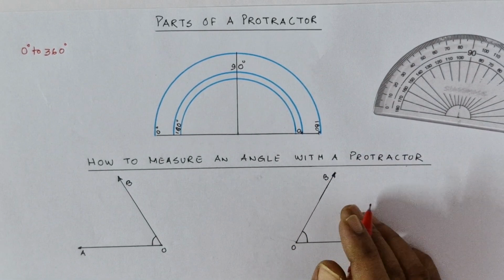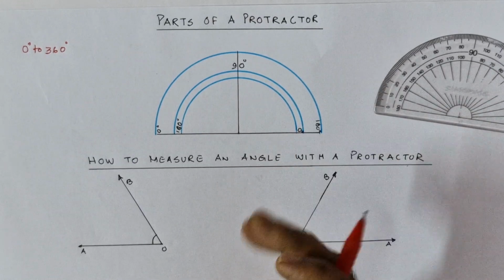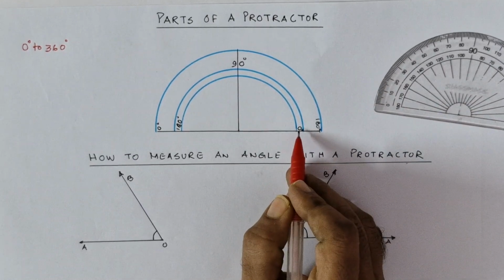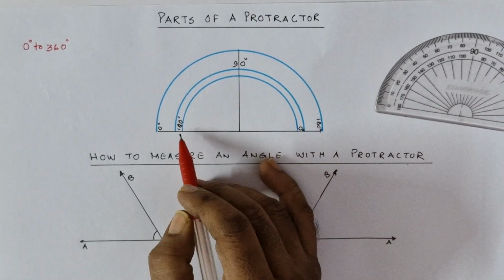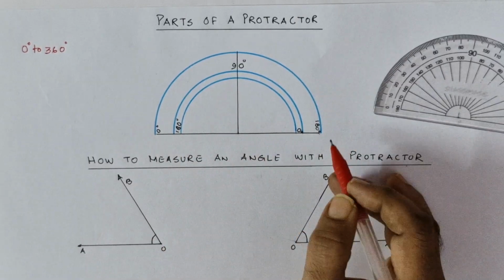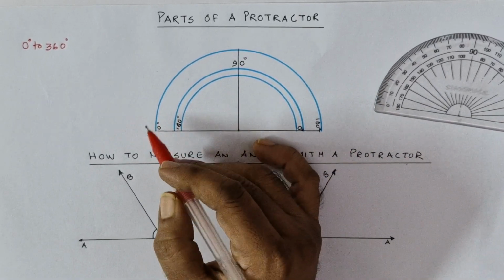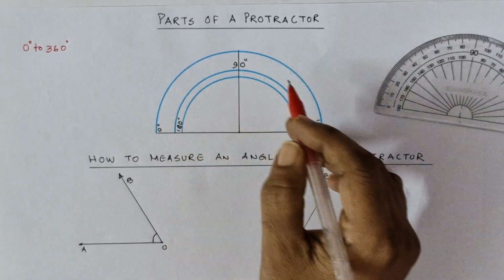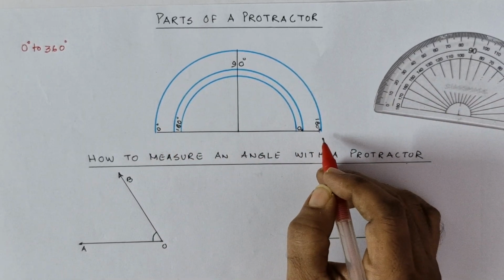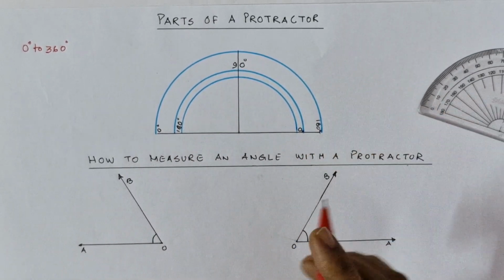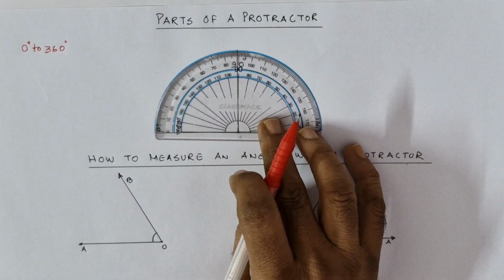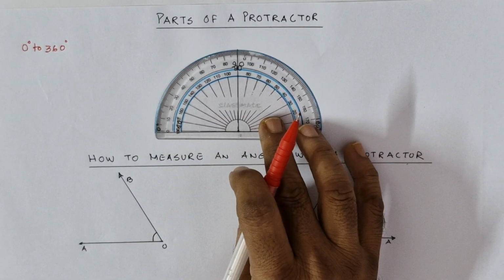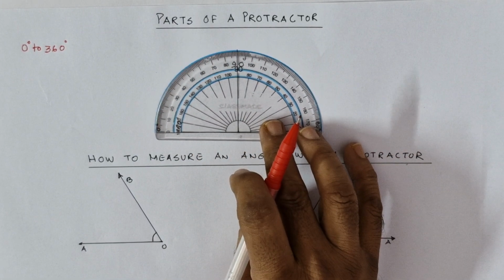Okay. So the inner scale begins with 0 degree on the right. You can see 0 degree on the right and turns to 180 degree on the left. Whereas the outer scale starts from 0 degree on the left and turns to 180 degree on the right. Got it? Now, I'll just put the protractor here to align everything.